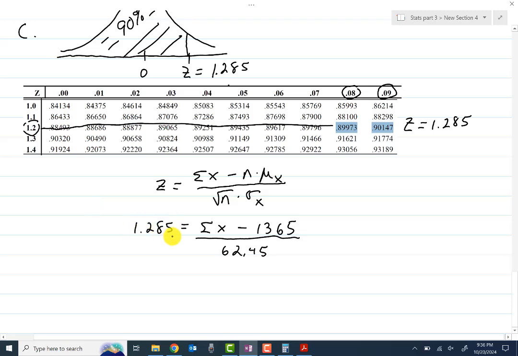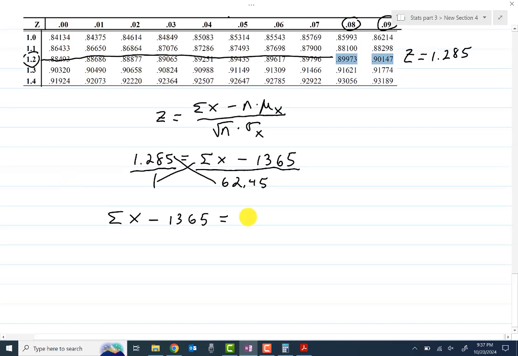And to help facilitate yourself with the cross multiplication, I'll put that side over 1. So I will cross multiply those two things and these two things. So on one side, you'll have the sum of x minus 1365 is going to equal 1.285 times 62.45.